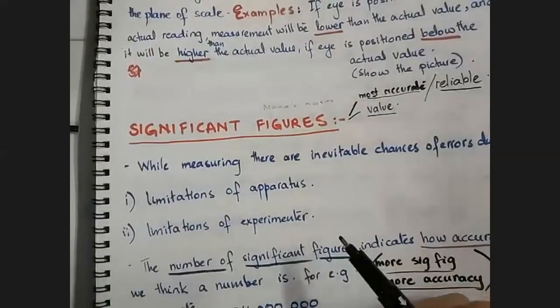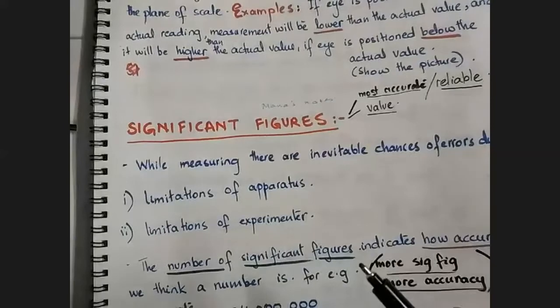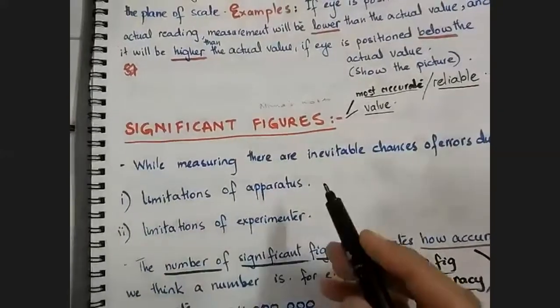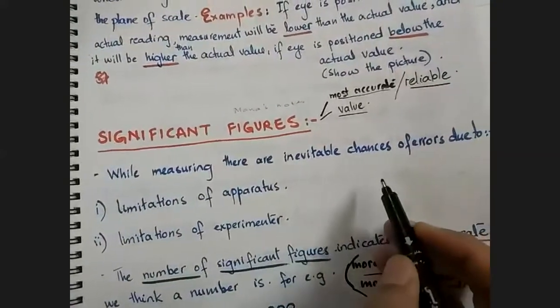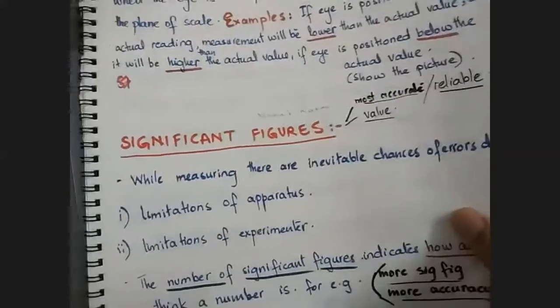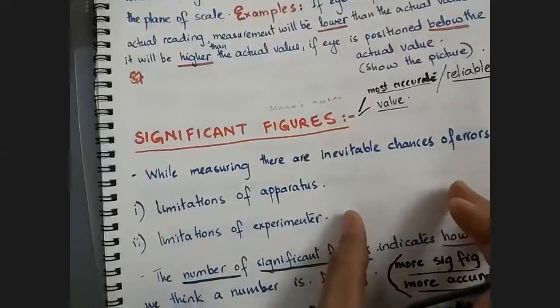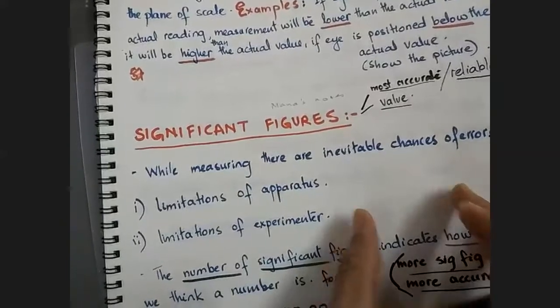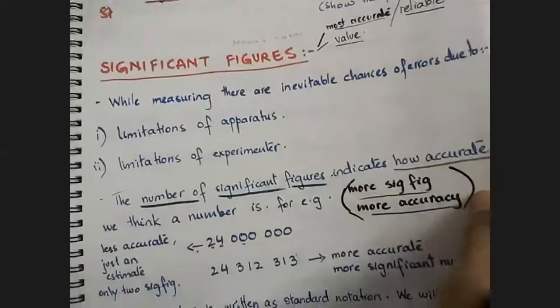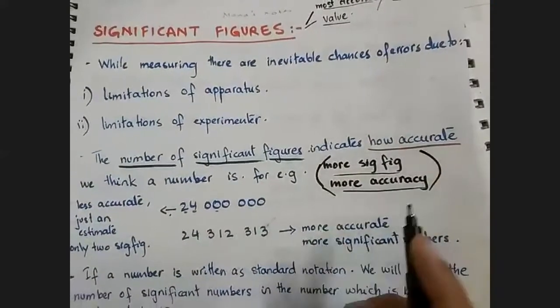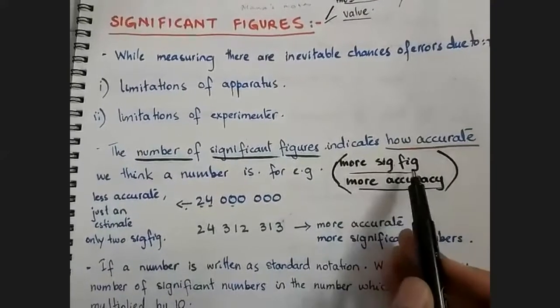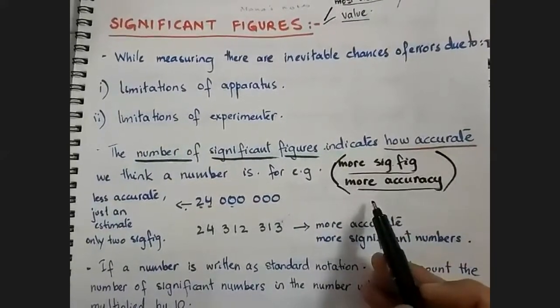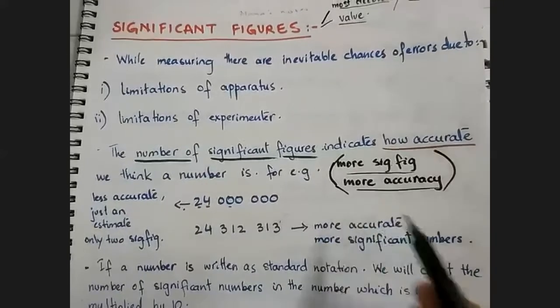In either case, when we write a number, we have to know how many digits in this number are reliable. The more significant digits in a number, the more accurate that number is.